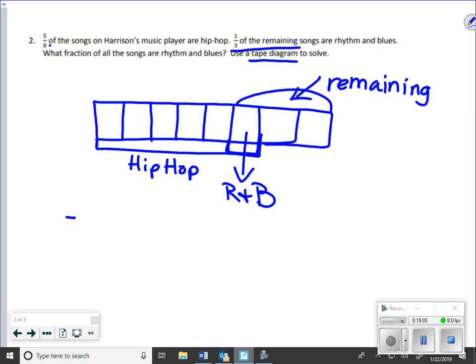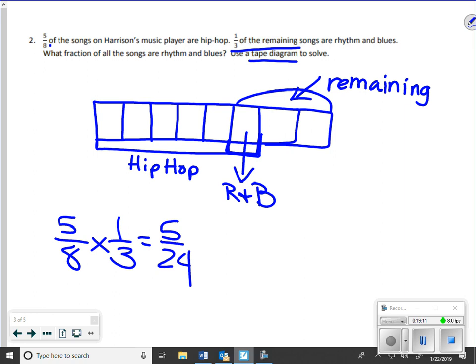Because if you just did, oh, we're multiplying fractions, that is wrong. It says use a tape diagram to solve. The tape diagram will give you the right answer. Multiplying your fractions will give you the wrong answer.